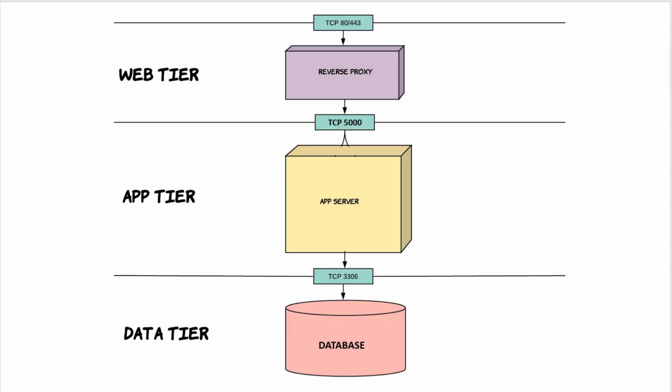When we speak about a three-tier application, it is something like this picture: the web or presentation layer, which you see in your browser. The next one is the data tier, where our data is recorded in a database.